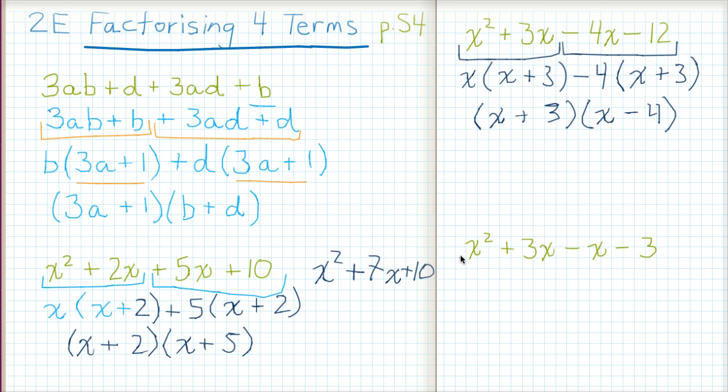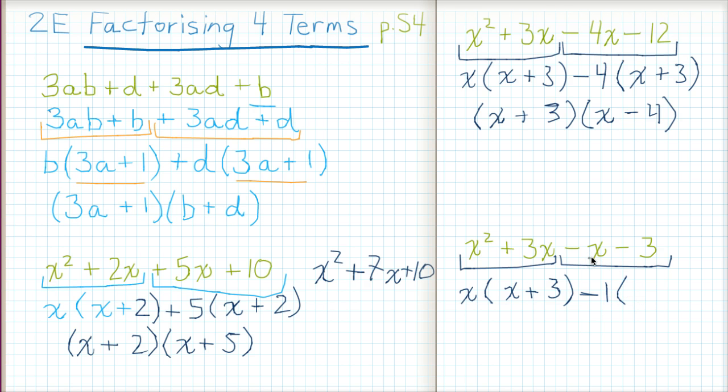Okay, one more example. Again with a negative sign. Okay, take out the x, and I'm left with x plus 3. Now here, I don't actually have much in common except for this minus sign. So I'm going to take out a -1, and I am going to write the -1 there because you'll see it becomes important in the next step.